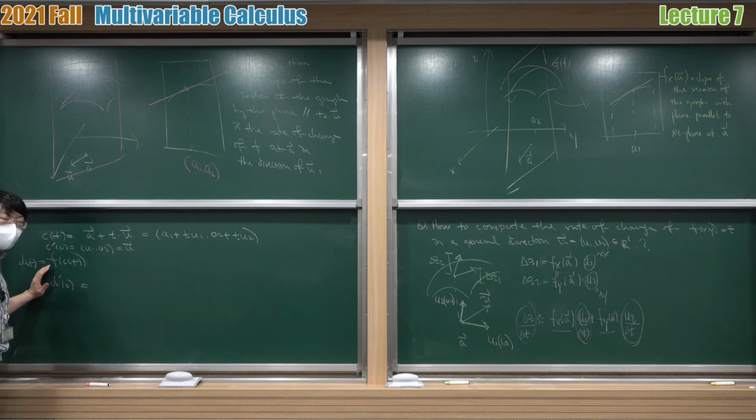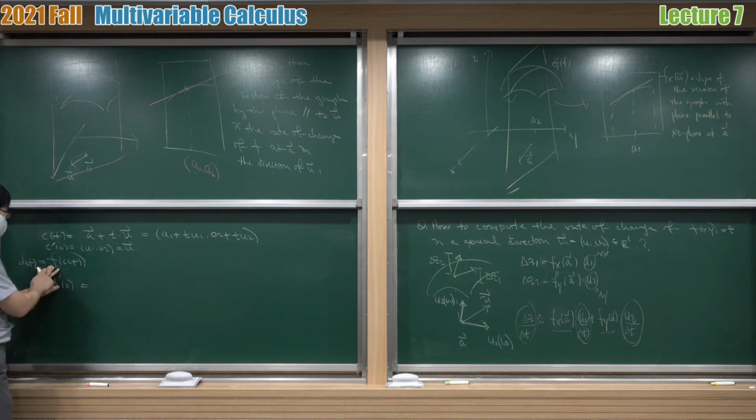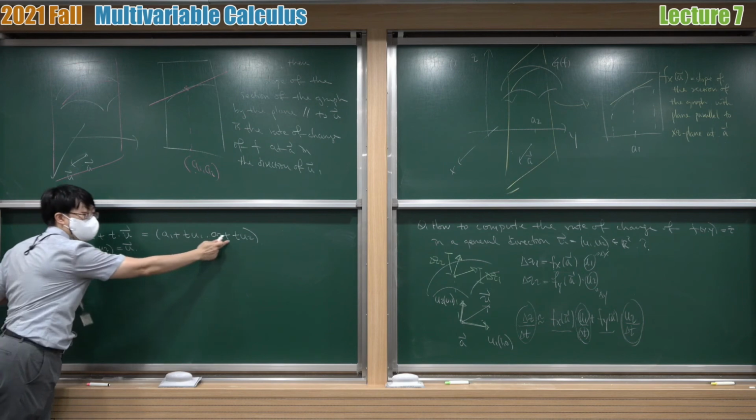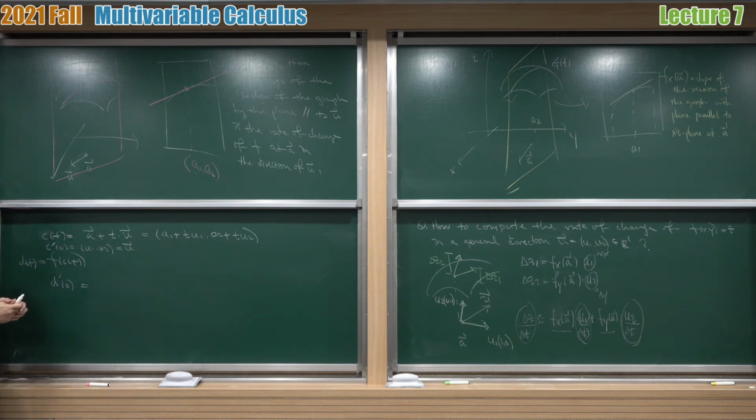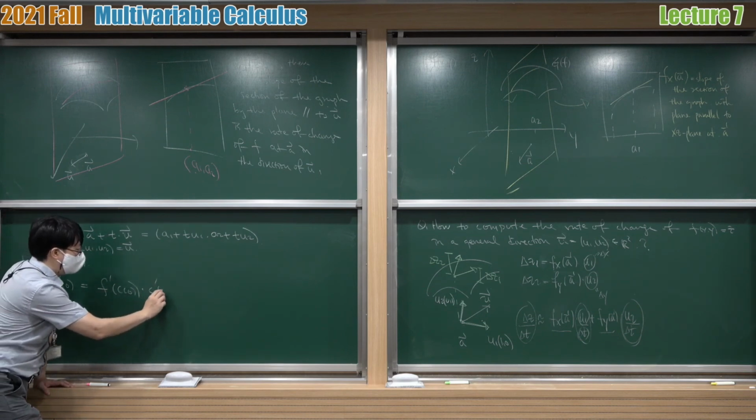If I knew the formula of f, I could have just plugged it in as an x value and y value, and simply computed the derivative by the rules that I know for any single variable function. But suppose that I don't know the actual formula, but I know the derivative of function f, and I can use the chain rule. Then I can take the derivative of f at c(0) times c prime of 0.